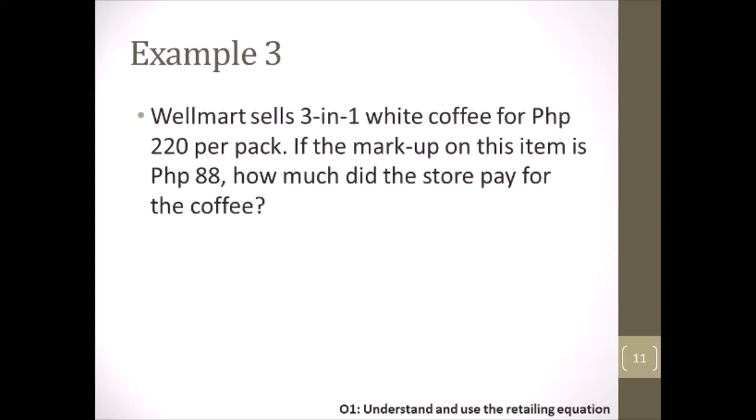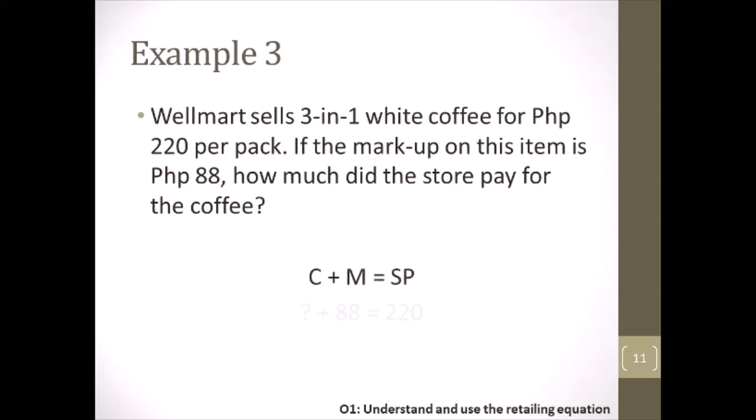Last example, a grocery store sells 3-in-1 white coffee for 220 pesos per pack. If the markup on this item is 88 pesos, how much did the store pay for the coffee? So in this case, the missing is the cost of the white coffee.